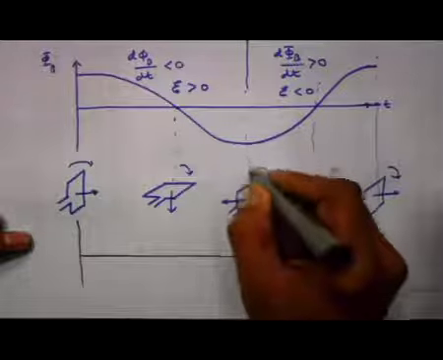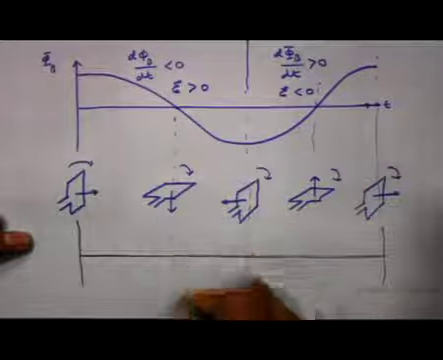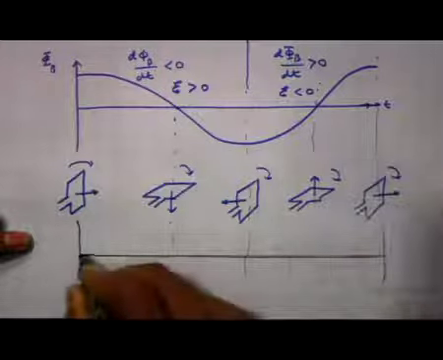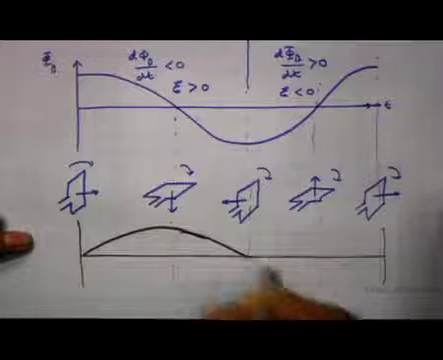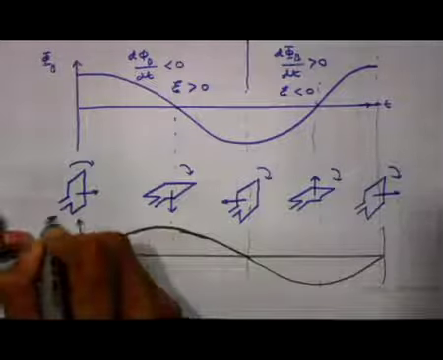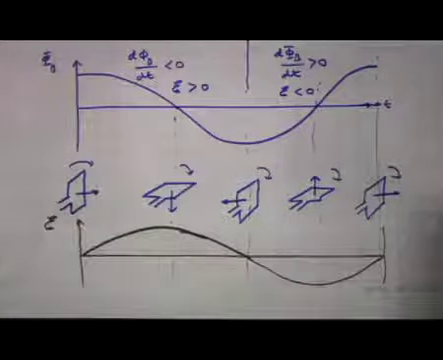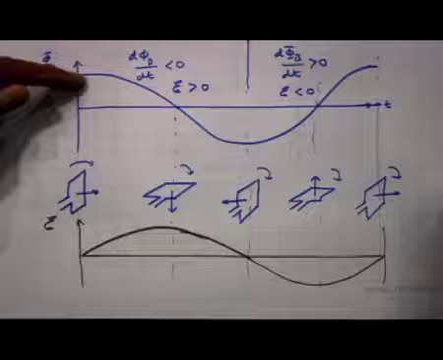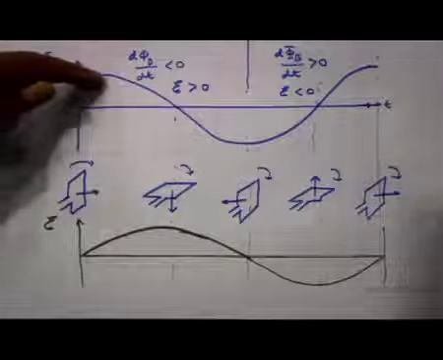So, this is this point, this is this point, this is this point here. It will go to maximum. So, this is EMF. At this point the rate of change of flux is 0, because the curve is horizontal, so d phi by dt is 0, then d phi by dt is negative.